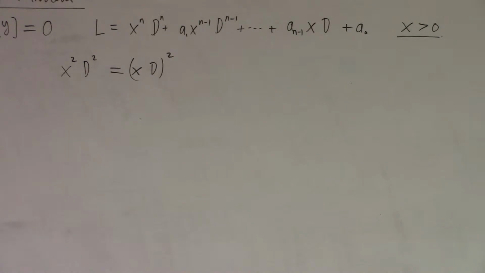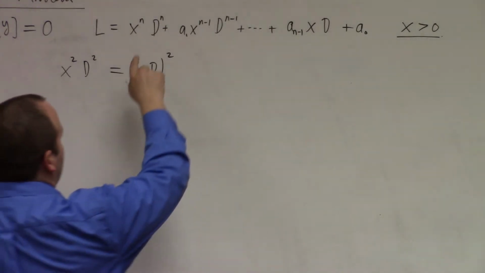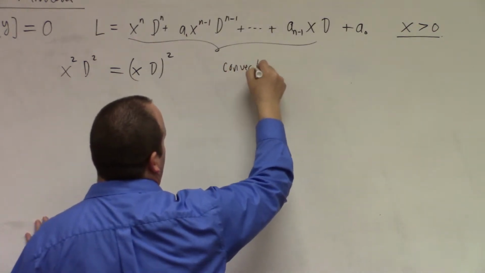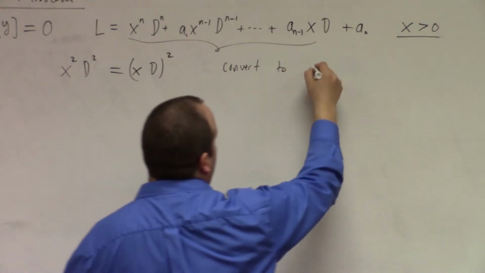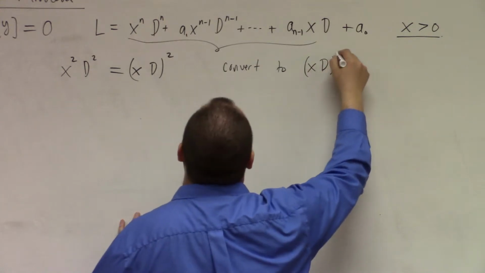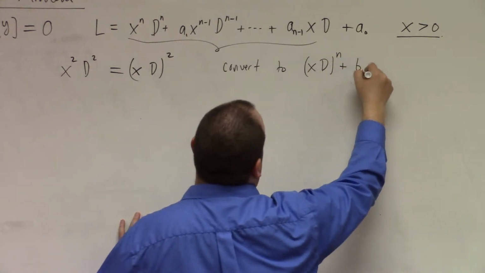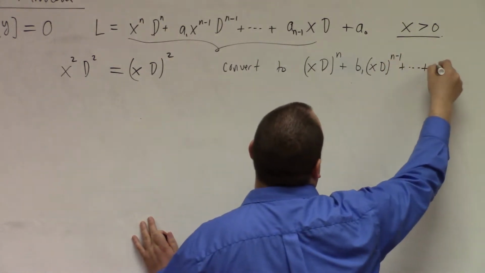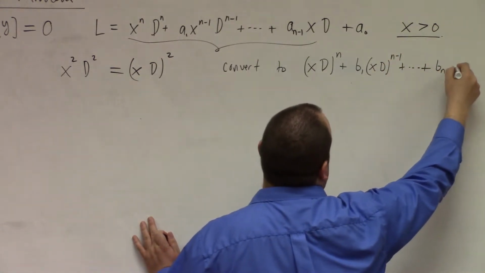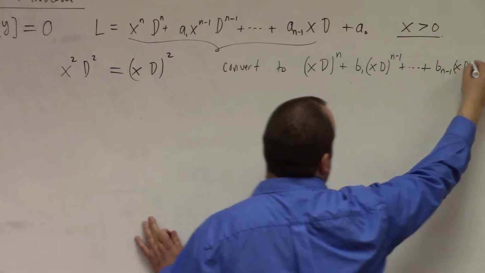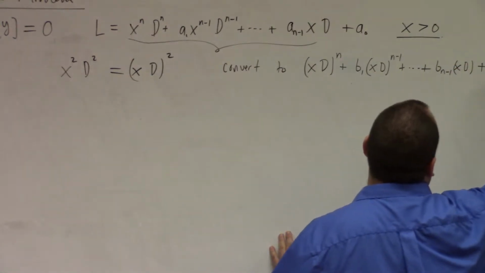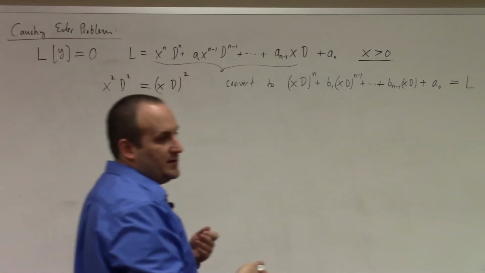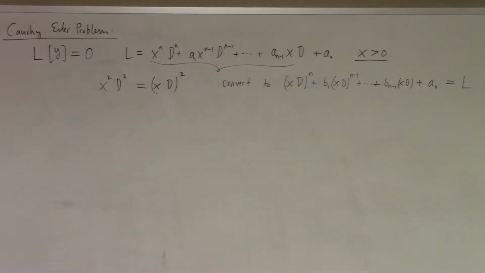And so in order to factor that, you need basically to take this and convert it to xd to the nth power plus, say, b1 times xd to the n minus 1 plus ... plus b n minus 1 xd plus a0. And that actually kind of gives you a template for what you'd like to do for other problems in principle.